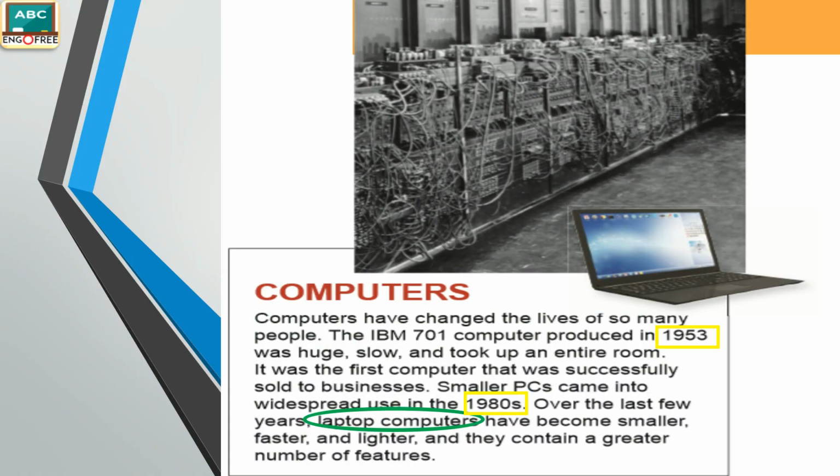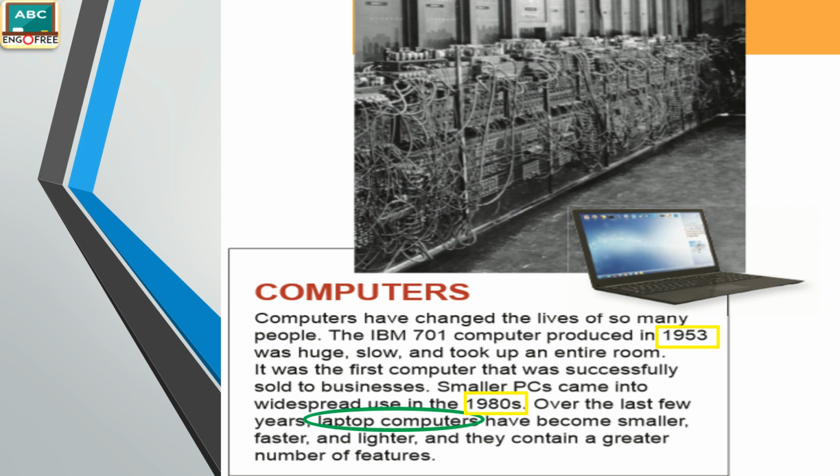Let's go to the second picture. What can you see here? Yes, we can see a laptop and a large computer. Let's listen to this part, then I'm going to ask you more questions. Computers. Computers have changed the lives of so many people.